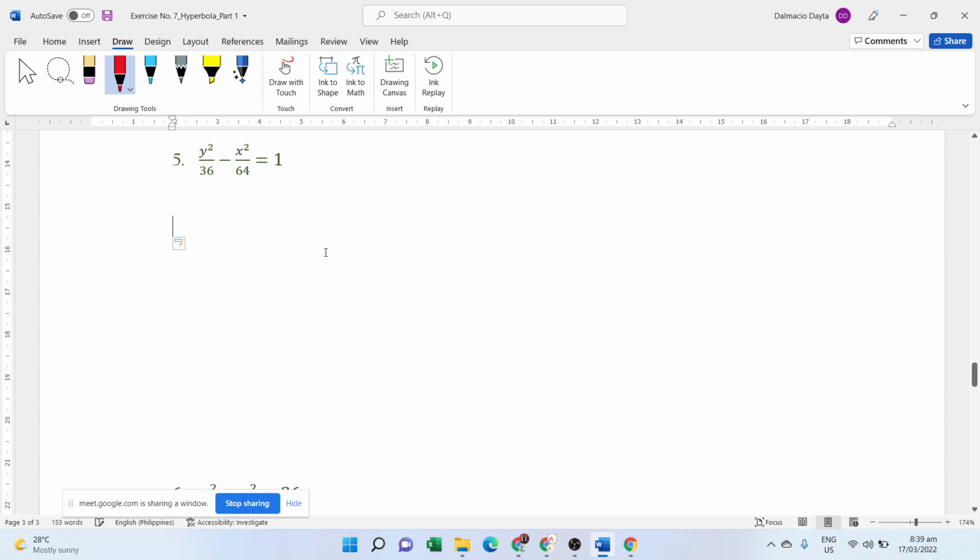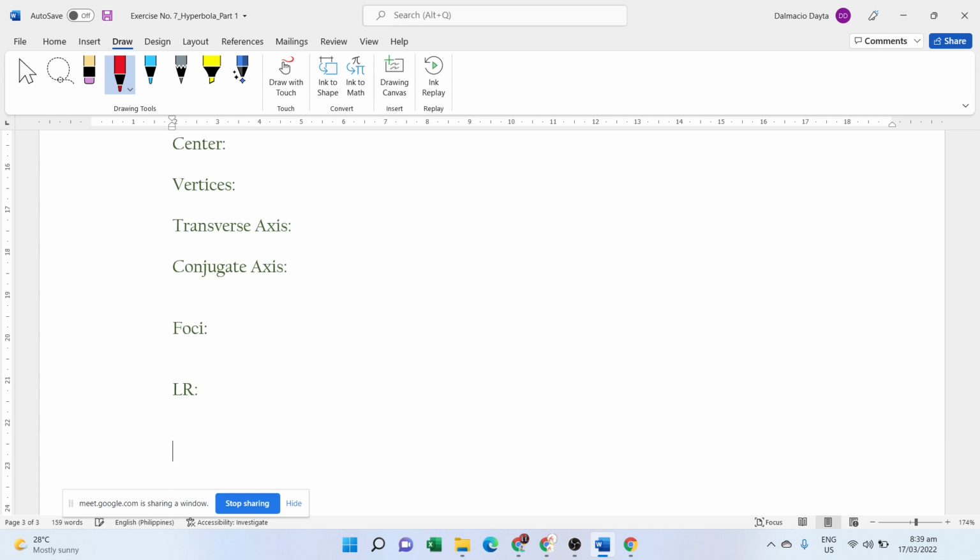Ulitin ko lang, no? Tingnan natin kung kabisado ko ngayon. Center, vertices, transverse axis, conjugate axis, and then we have the foci, and then we have the LR, and then we have ends of LR.